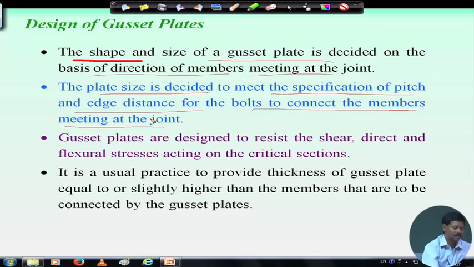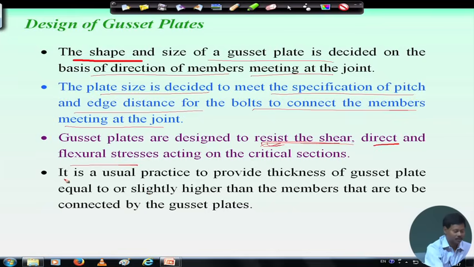Another thing is that gusset plates are designed mainly to resist shear, and direct and flexural stress acting on the critical section. When designing, we have to make sure the gusset plates do not fail due to shear and the direct tensile forces coming into the gusset plate.